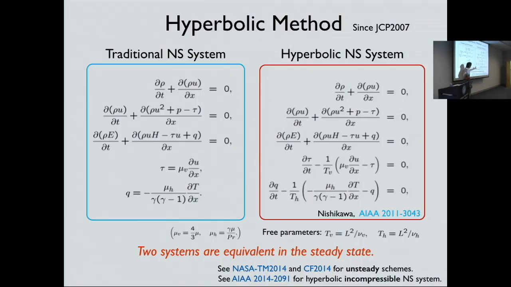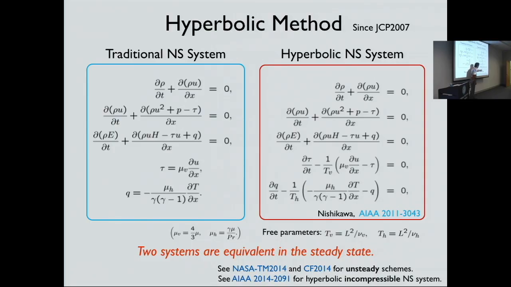One of the problems I noticed when I made this system was the relaxation times, the viscous relaxation and heating relaxation. Basically these are 3 parameters, because once we reach the steady state, these 2 coefficients can be anything.